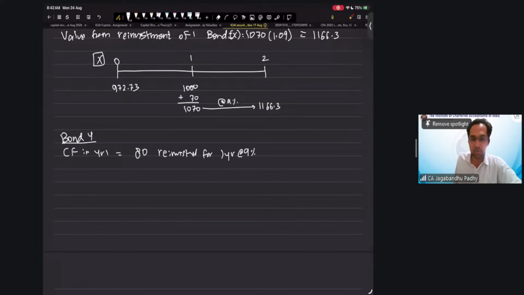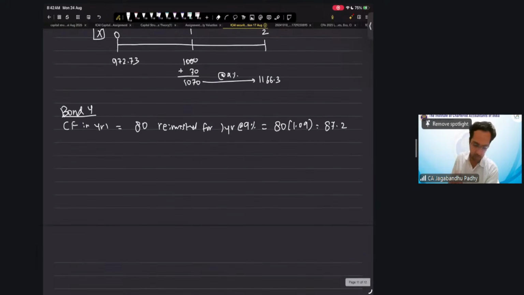So the reinvestment value will be 80 into 1.09, which is 87.2.